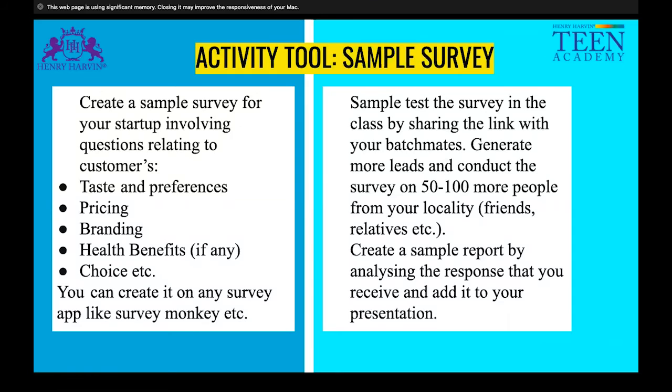Target on the audience that is specifically derived for your product. This survey can simply be created on any of the applications like SurveyMonkey or even Google Forms. Collect their responses, analyze the same, and come back with the activity done.